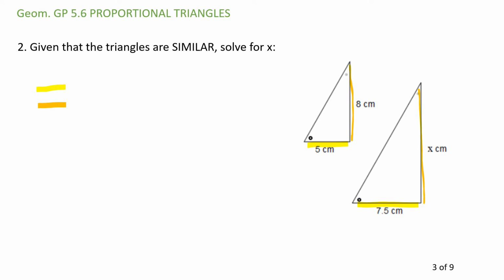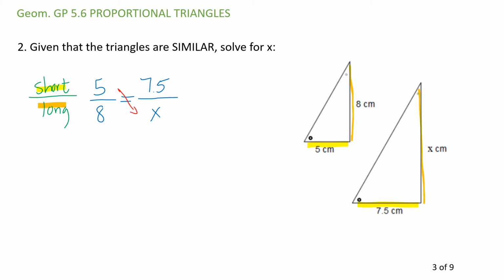I like to stay on my own triangle. So I'm going to compare the short side with the long side on one triangle. On the small triangle, the short side is 5, the long side is 8. On the other triangle, the short side is 7.5, and the long side is x.